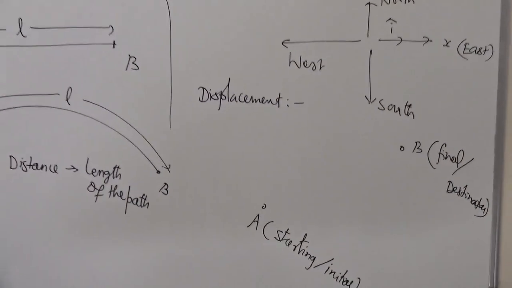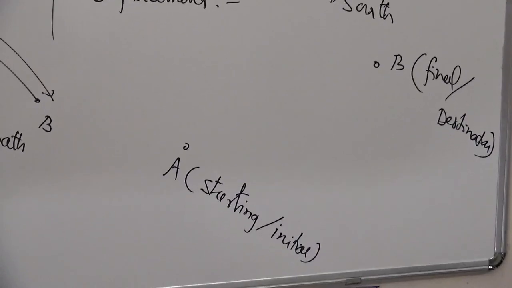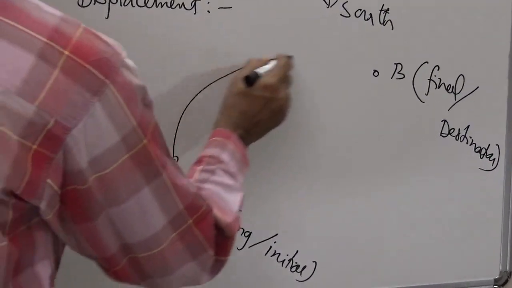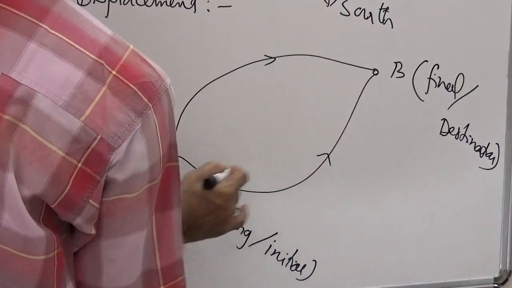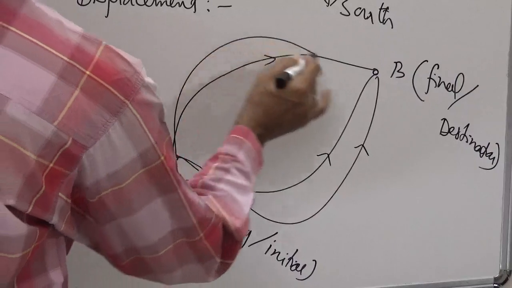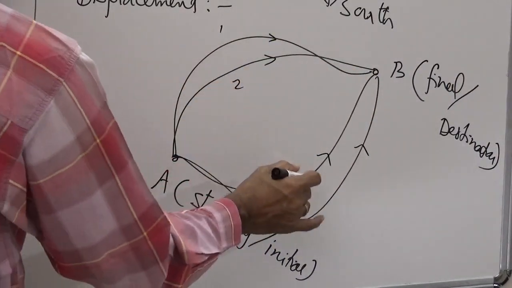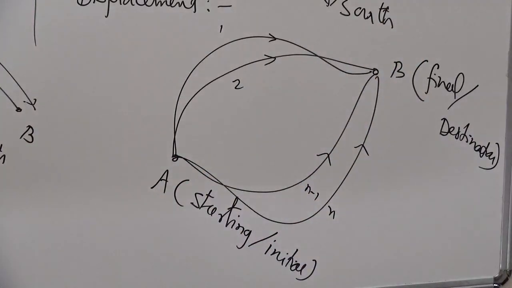You are moving from A to B. In many paths you can do that. Countless paths, innumerable paths you can move from A to B. Path 1 to n number of paths, countless paths.